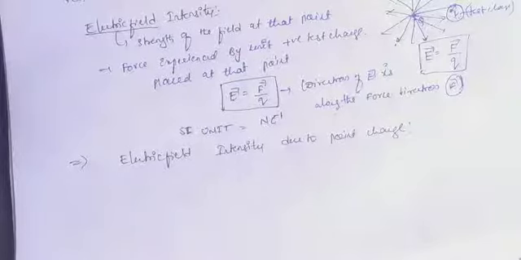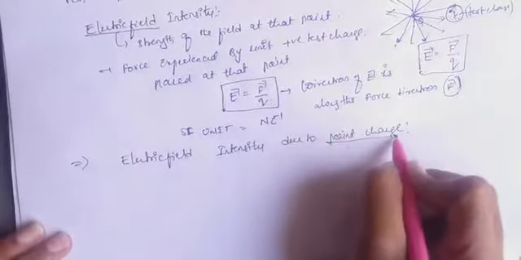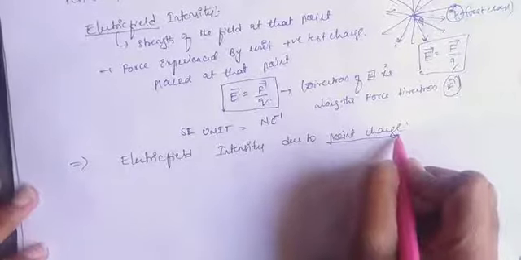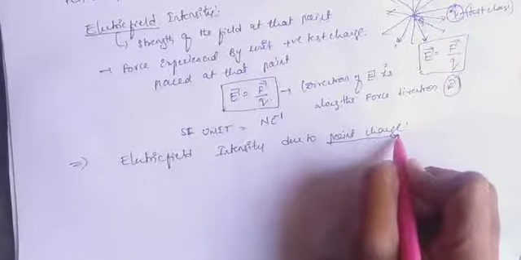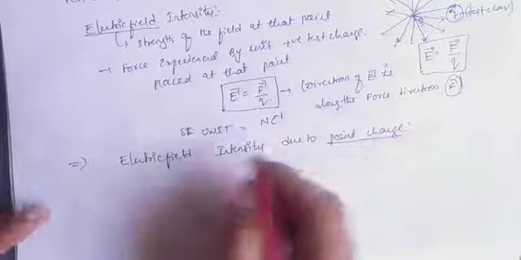If you have larger charges, then we can't use Coulomb's law. So we have to consider point charges only, which means they have very small, diminished size.